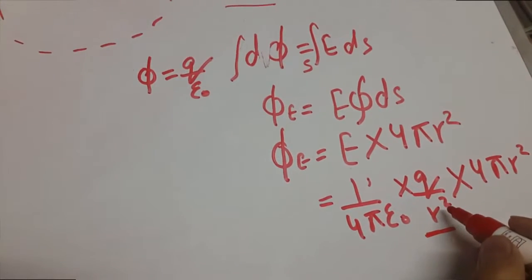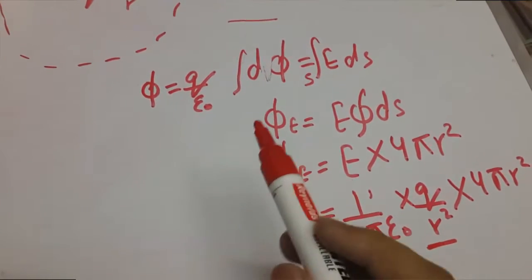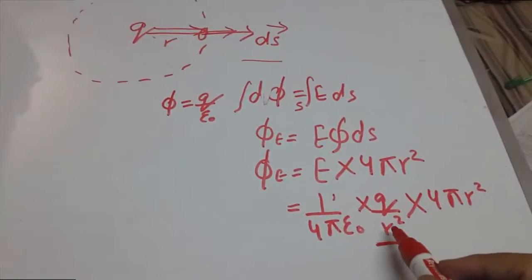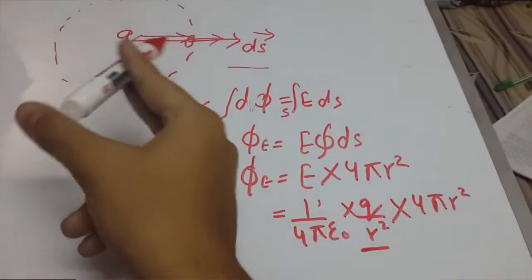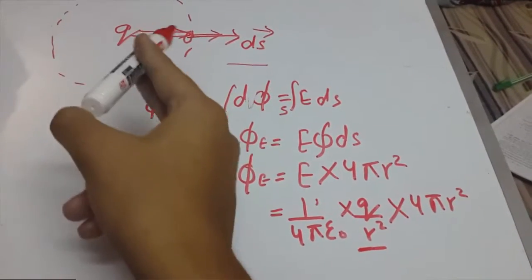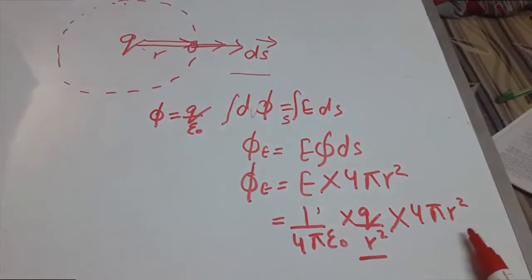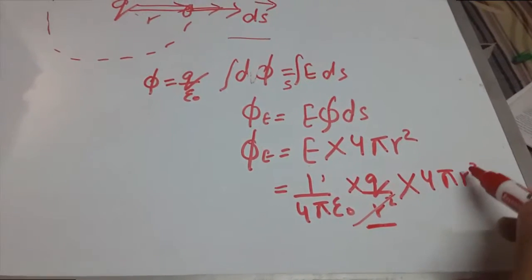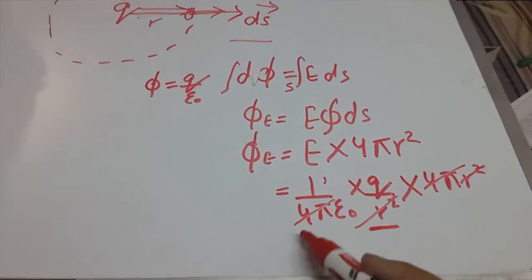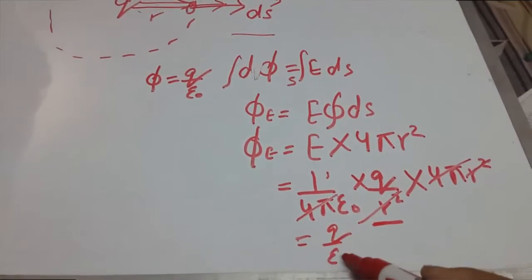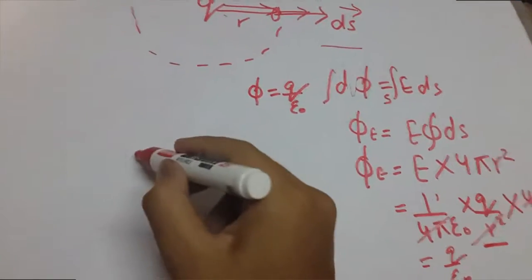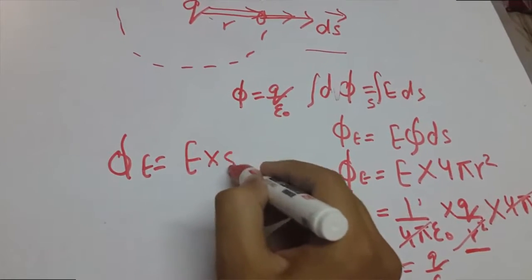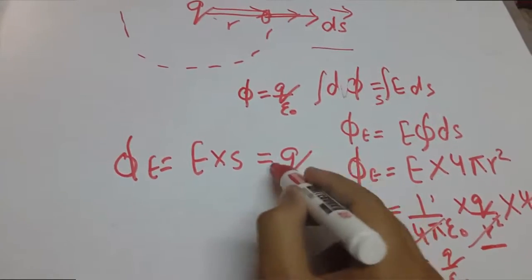Here r is the distance at which we are calculating the electric field, which is the Gaussian surface, and 4 pi r square is the surface area of the sphere. By cancelling these, we are left with Q by epsilon naught. So we can say that electric flux is equal to E into surface area, which is equal to charge upon epsilon naught.